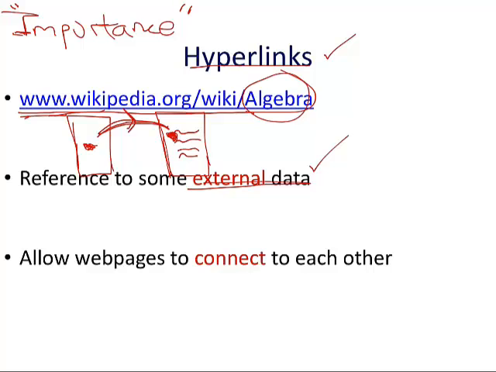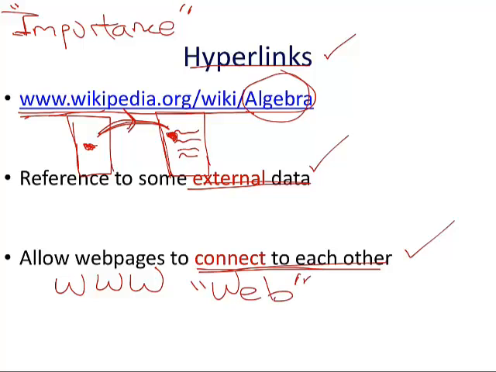And hyperlinks are really important because they allow web pages to connect to each other. And that was really important in the creation of the World Wide Web. Specifically, that last part is the idea of a web. You can think of that like a spider web. So the idea is that we have billions and billions of pages that have hyperlinks in some way or another to one another.